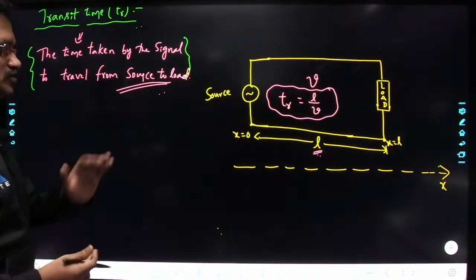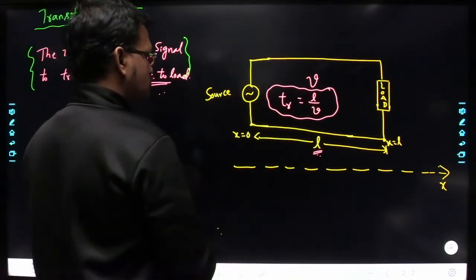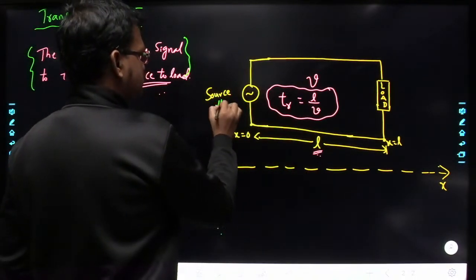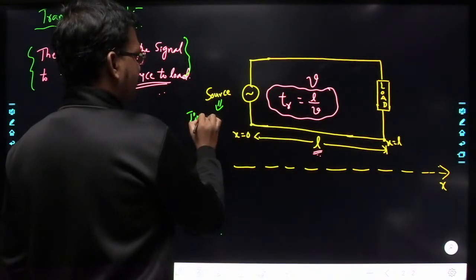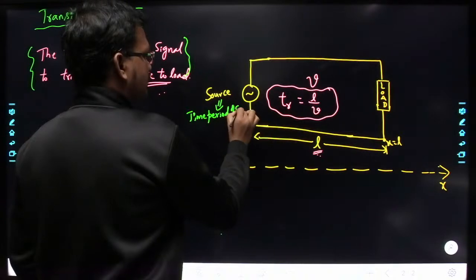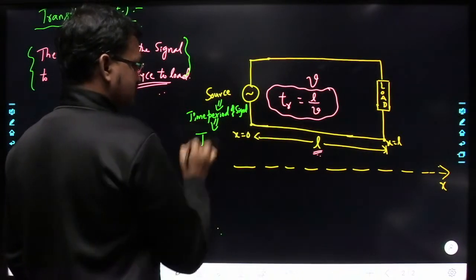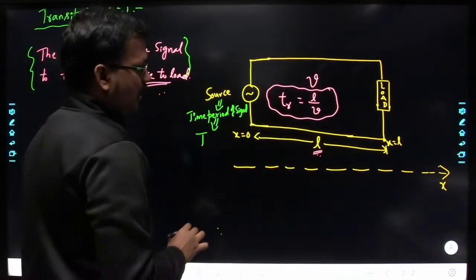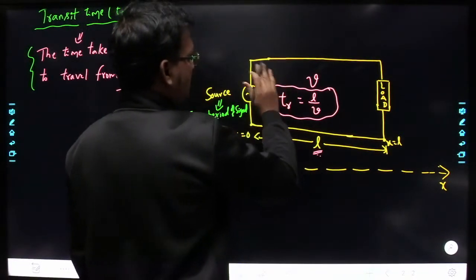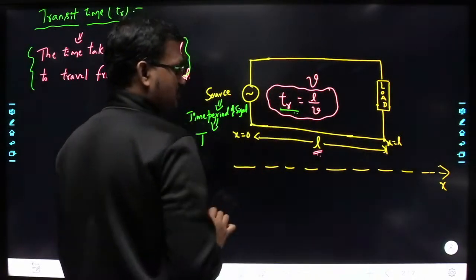Now see here. Now I am applying some signal at the source. So let us assume the time period of the signal at source is nothing but, let us say, T. Understood? And the time taken for the signal to travel from source to load is nothing but Tr.